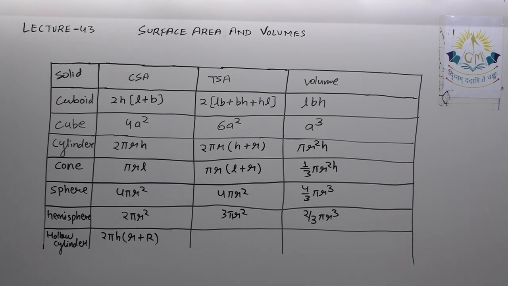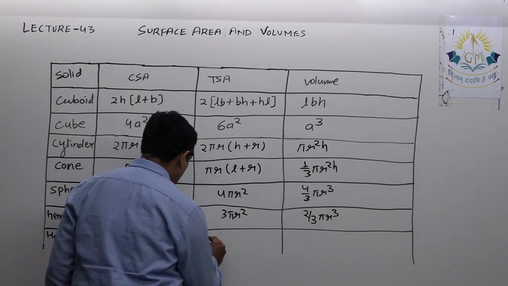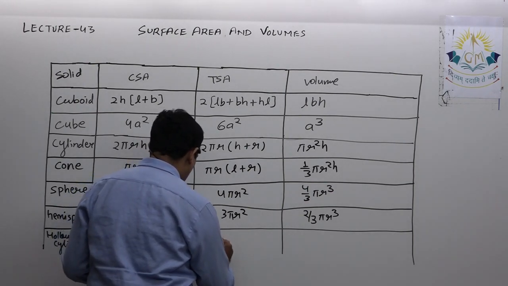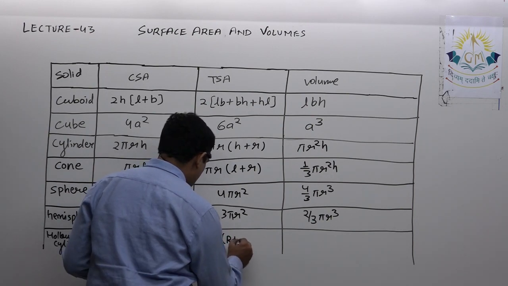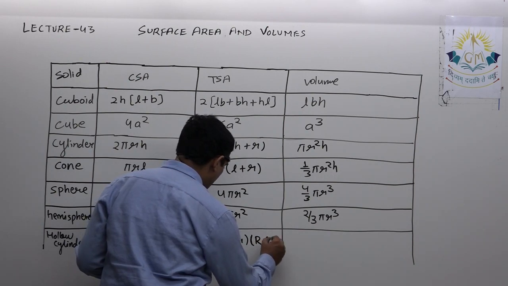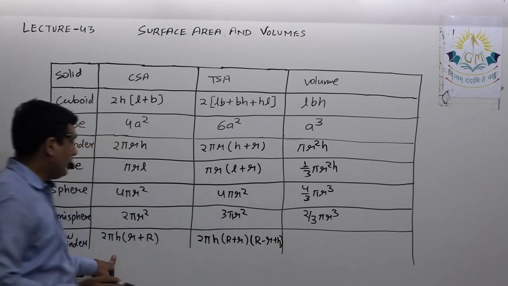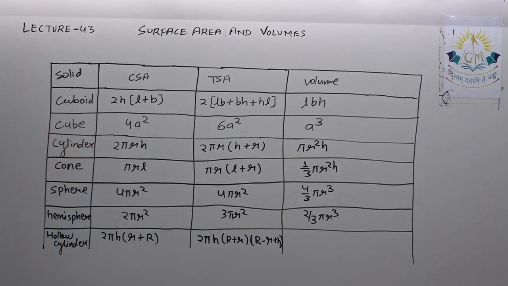Now, when I say total surface area, then 2 pi (R + r)(R - r + h).